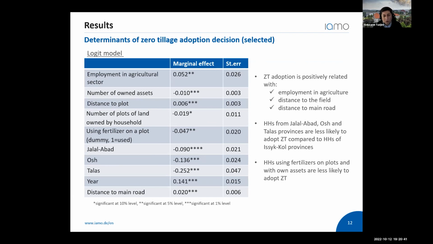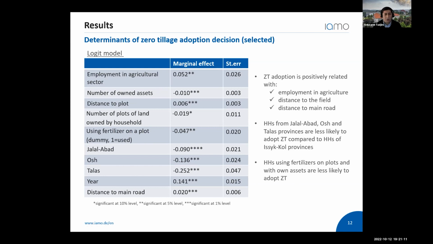So in our case, Issyk-Kul is the reference province. And also households using fertilizers and households with own assets have a negative relationship with zero tillage adoption.